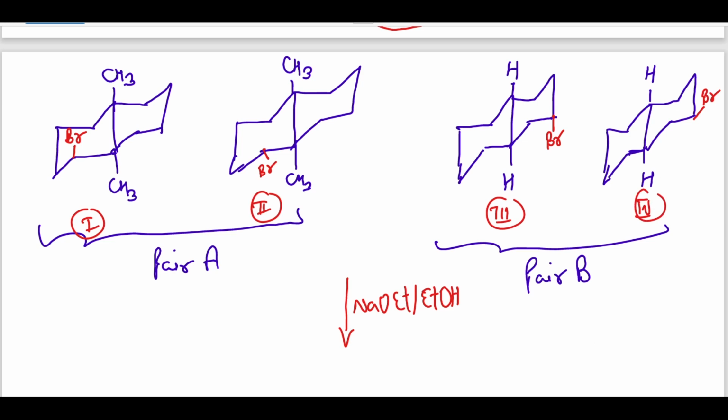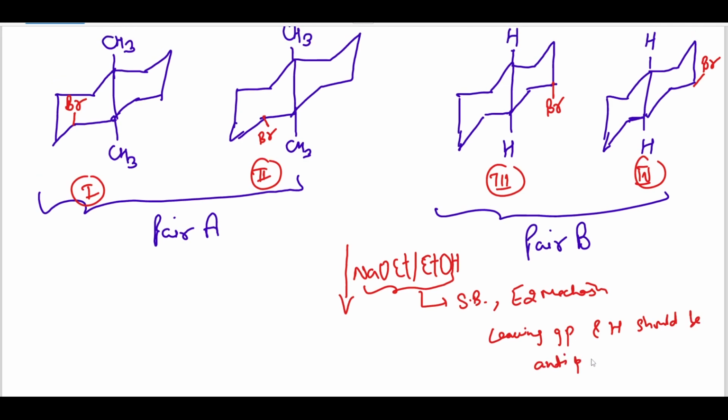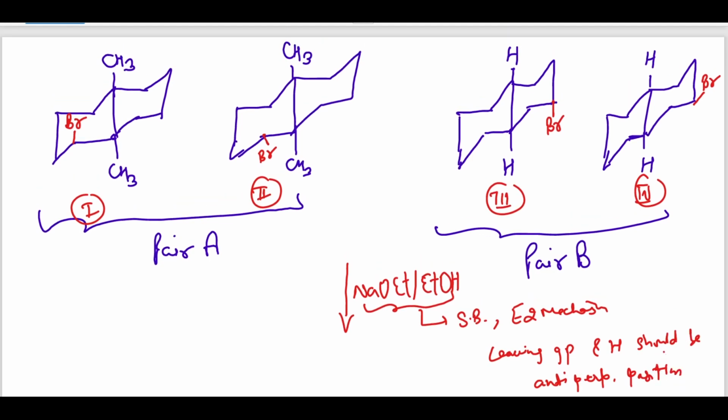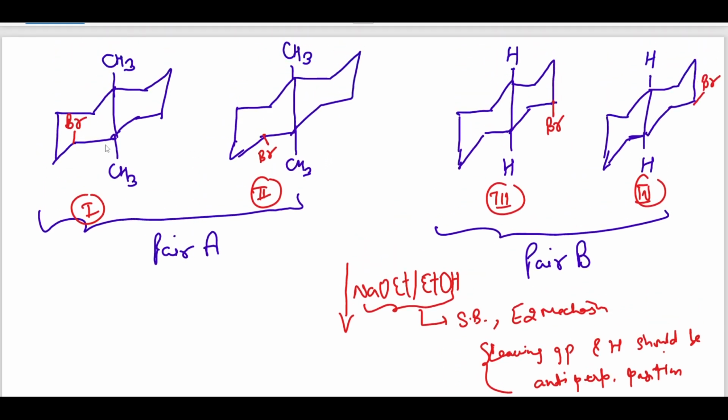And they are using sodium ethoxide in the presence of ethanol, which is a strong base, following the E2 mechanism, and both the leaving group and the proton should be at anti-periplanar position. Only then there will be an elimination reaction. Clear?